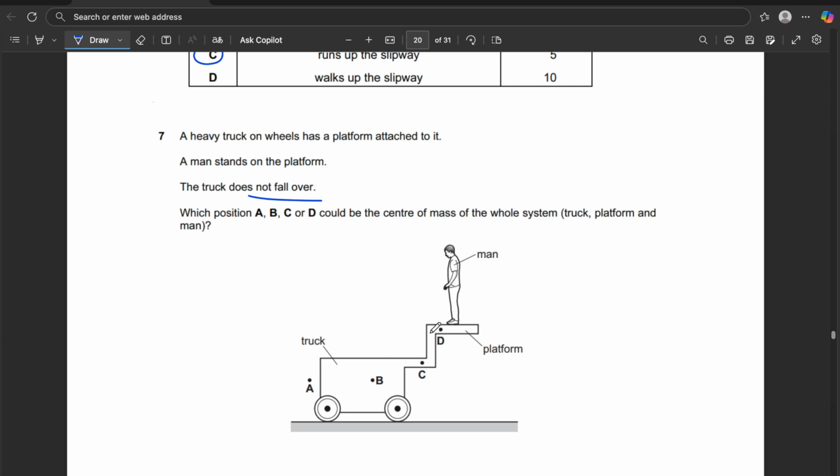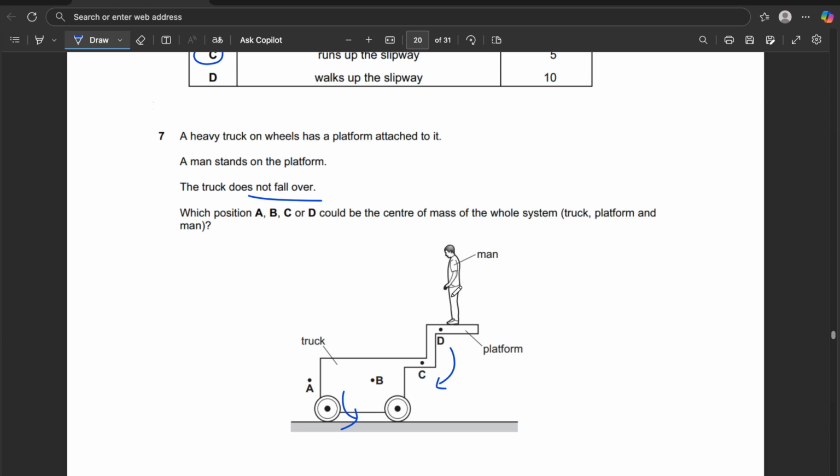So we have to consider the point of pivot, right? The moment that could happen. And from that point, we will know that the moment provided by this man will have to be equal to the moment provided by the center of mass of the truck. So this man is standing over here, so it could not be this close to here.